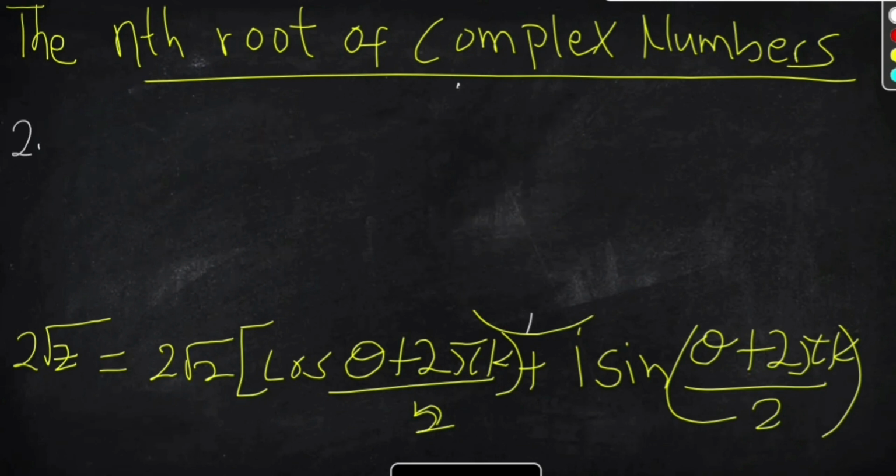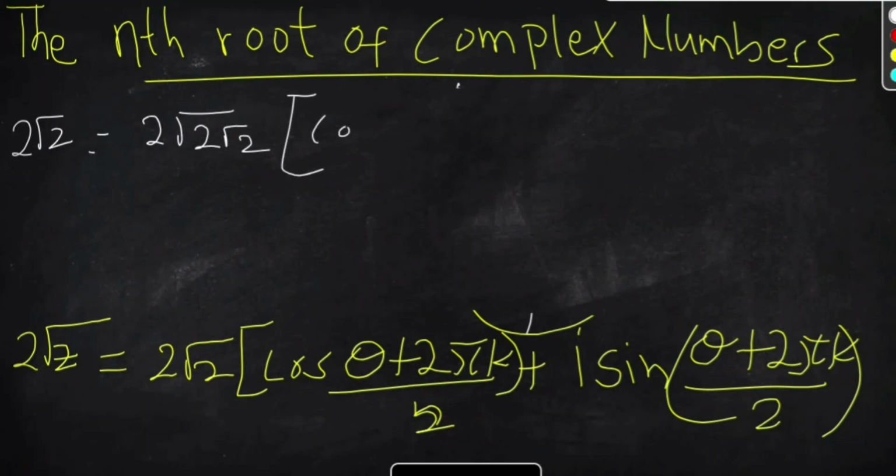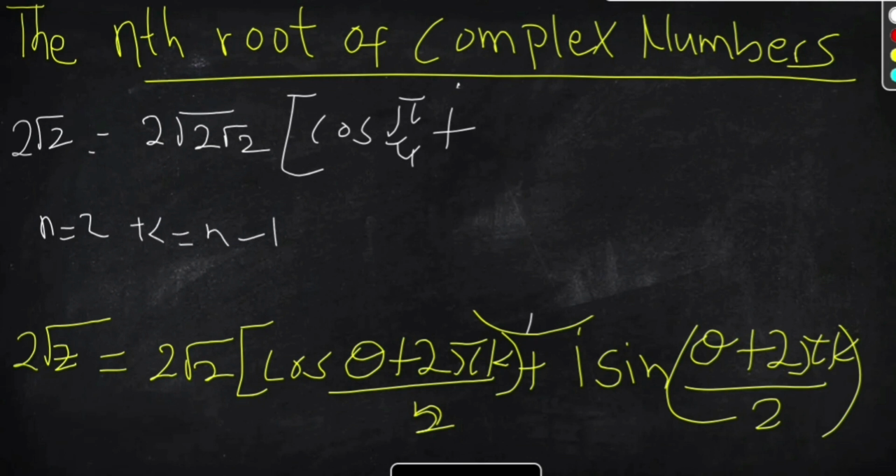Our second root of z becomes the second root of 2 root 2, into bracket cos of pi over 4 plus, what is the value of k here? We have n equal to 2. That means our k is n minus 1, so k here is 1.